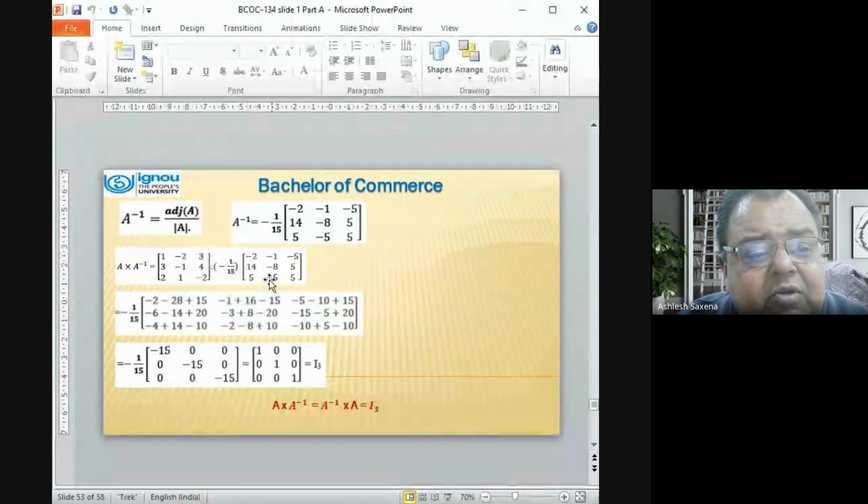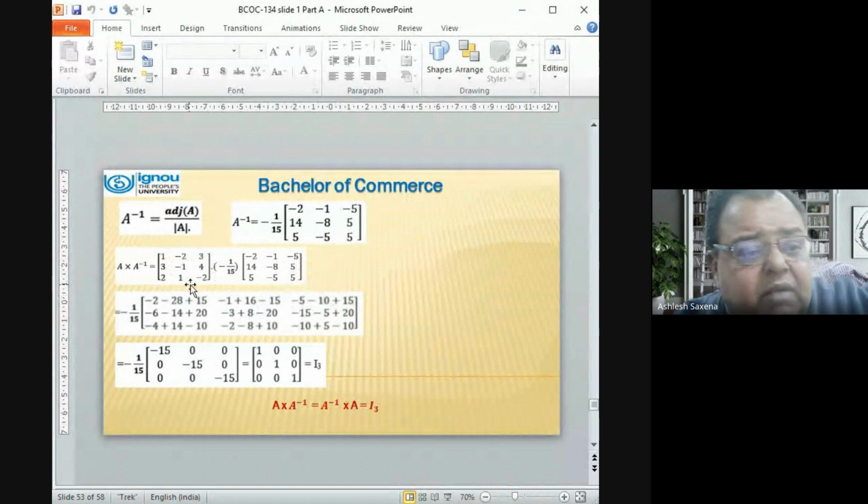Second one. Third one, this and this. 1 into minus 5, minus 2 into 5, and 3 into 5. Here it is. Similarly, we will be following with the second row, first column. Minus 6, minus 14, minus 20.